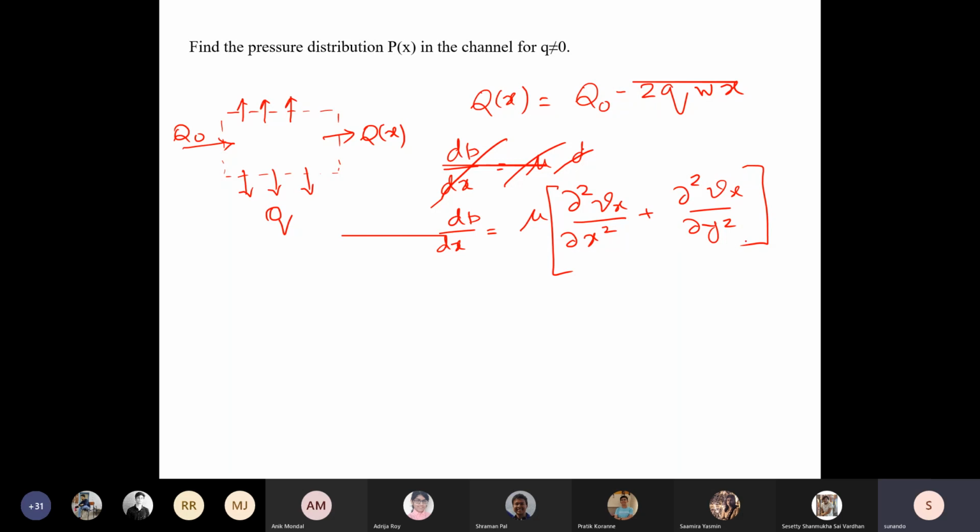I then proceeded to integrate this. Now here comes an assumption. Can we make some assumption in here which would make our life a bit easier by dropping the first term? Reduce the distance between the plates, the height.